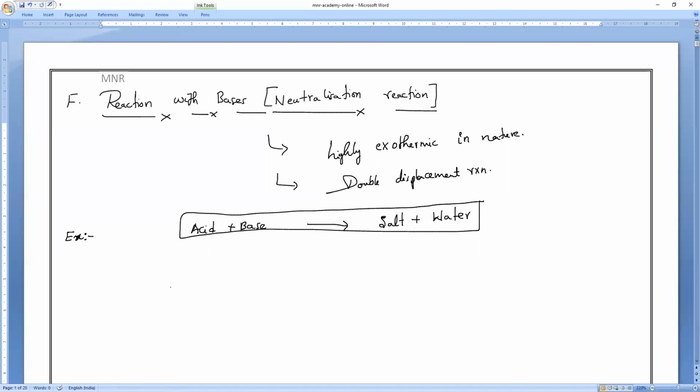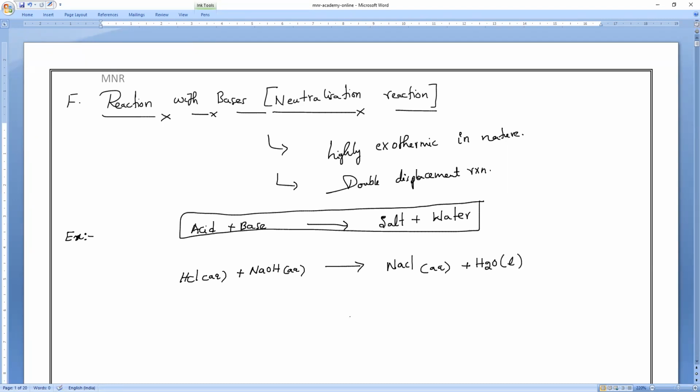So let us take the first example. Let me take one of the mineral acids, which is HCl, hydrochloric acid. It reacts with the base which we call sodium hydroxide. Can you tell me what products will come, everybody? We are going to get salt. What is the salt called? Sodium chloride, in aqueous state, plus we are going to get what, all of you?